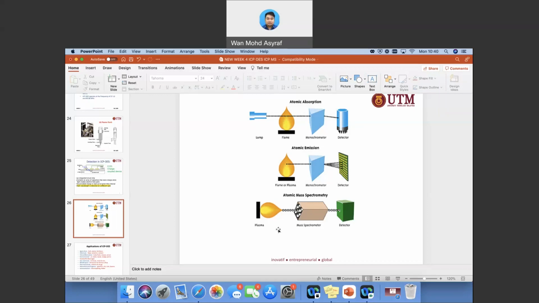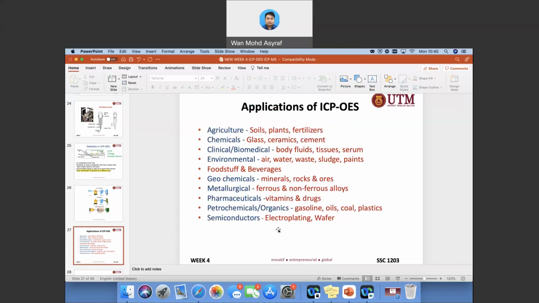So it will be separated into the mass of each of the elements. Because each element has its own mass, it will be detected in terms of mass, as compared to atomic emission, which is detected as the emission. Okay, all right, we will look at it after this.